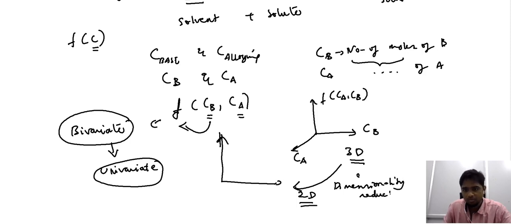So what we want to do is introduce dimensionality reduction, and what essentially we are trying to do is change a bivariate function to a univariate function.